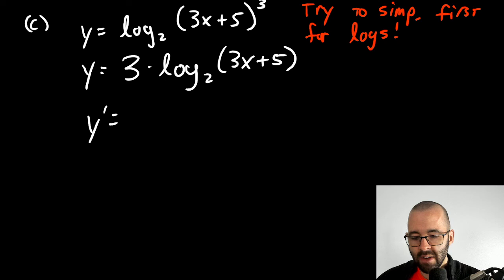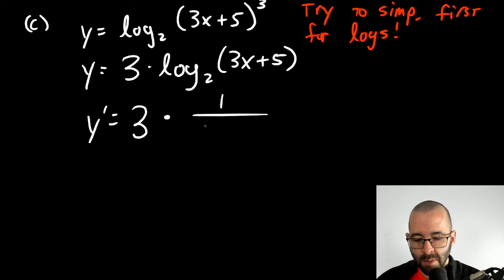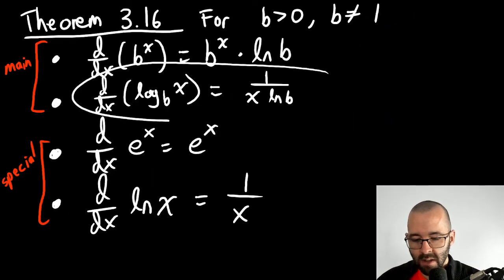All right, let's take the derivative. Again, we have a number times a function. So we can use the constant multiple rule to get a 3 times the derivative of a logarithm. Now, natural log is just the reciprocal. Other logarithms are also the reciprocal, but they also have a natural log of the base in the front, right?